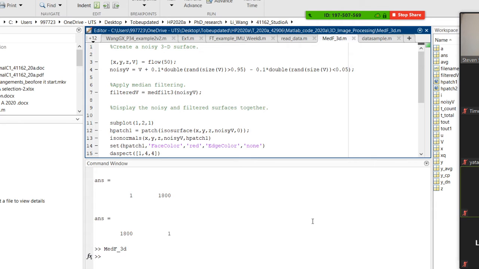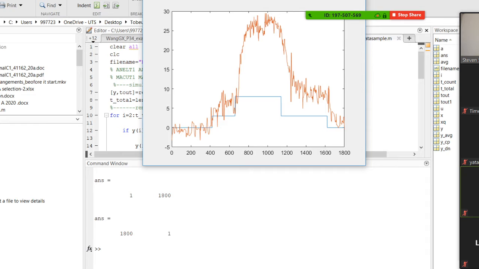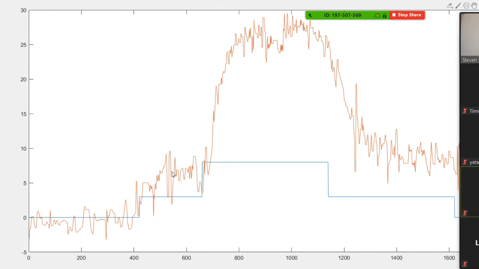So what's the logic? It's like this. For example, maybe I run one of the data. This is measured VO2, which is oxygen consumption during exercise. This is treadmill exercise.